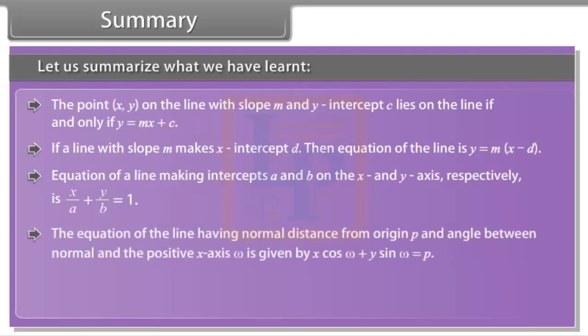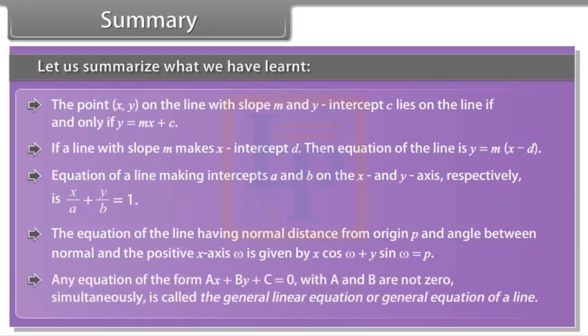The equation of the line having normal distance from origin p and angle between the normal and the positive x-axis omega is given by x cos omega + y sin omega = p. Any equation of the form ax + by + c = 0, with a and b not 0 simultaneously, is called the general linear equation or general equation of a line.